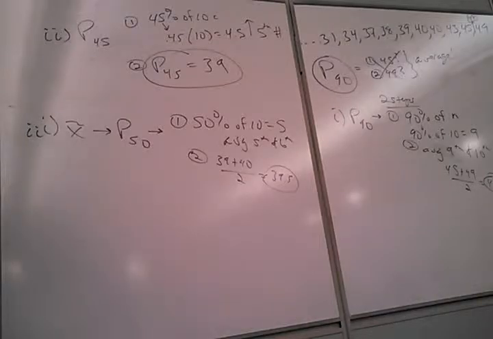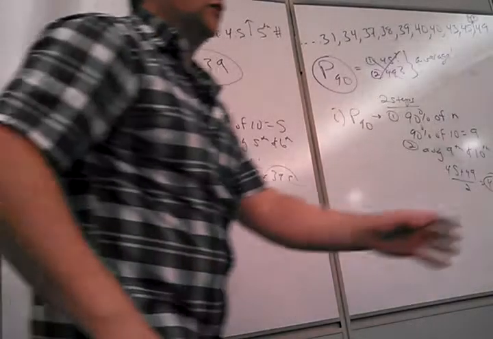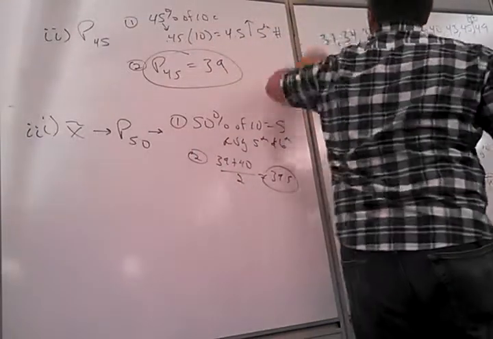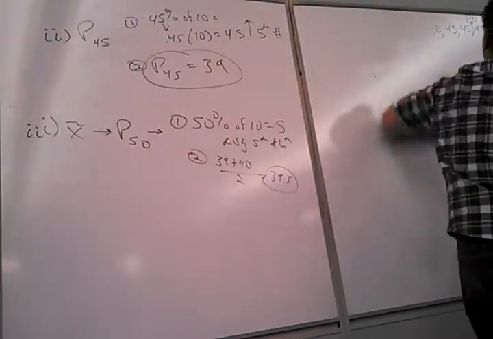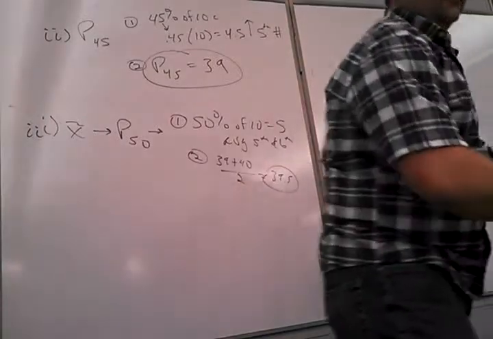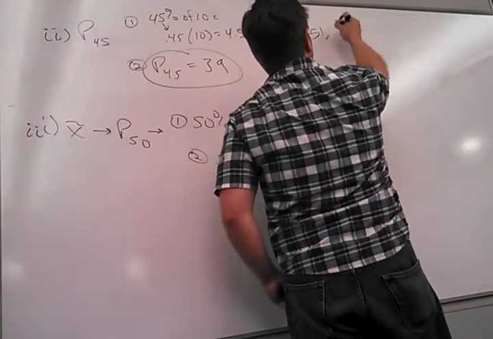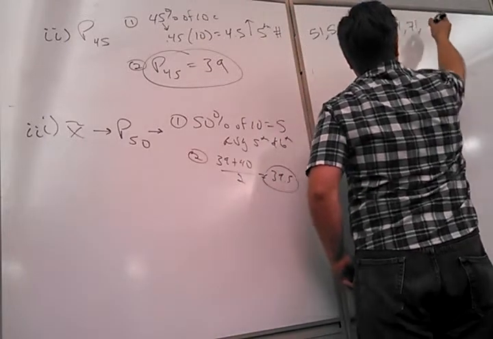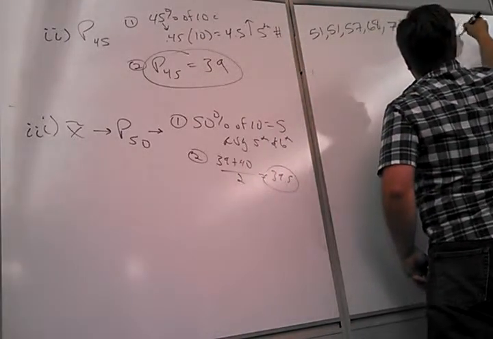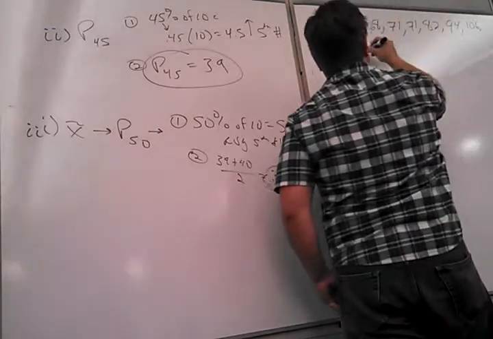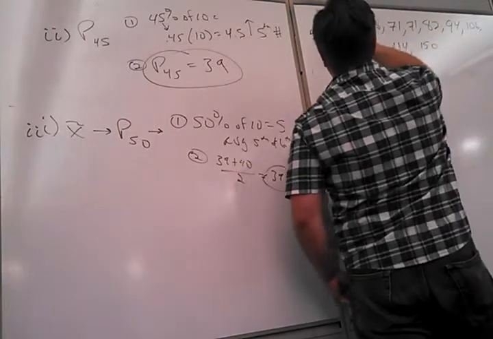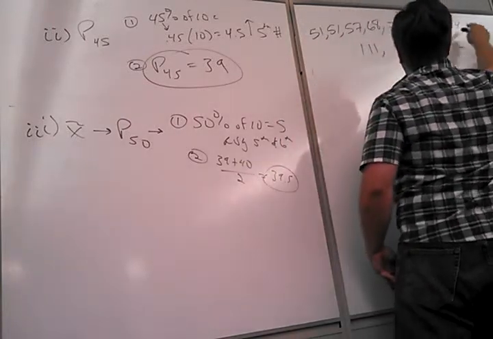You good? Okay, so let me give you a couple of problems to try real quick, and then we're going to get a little bit into chapter 4. So here, using this data here, how many is that? 1, 2, 3, 4, 5, 6, 7, 8, 9, 10, 11, 12.